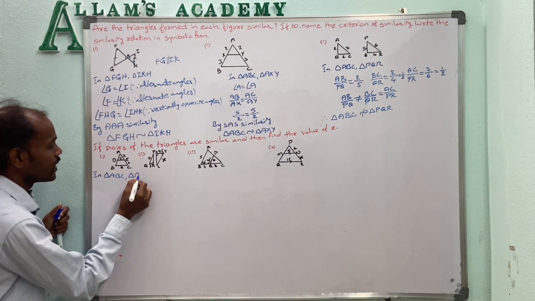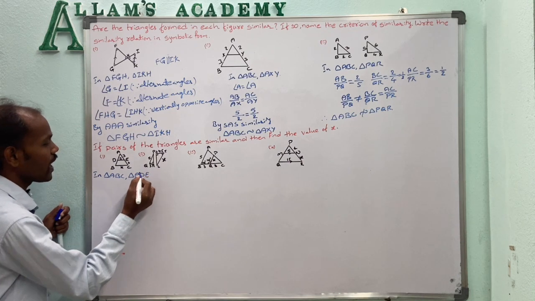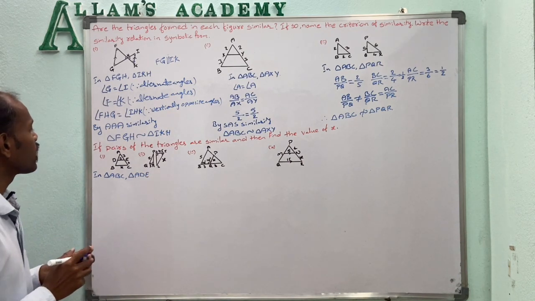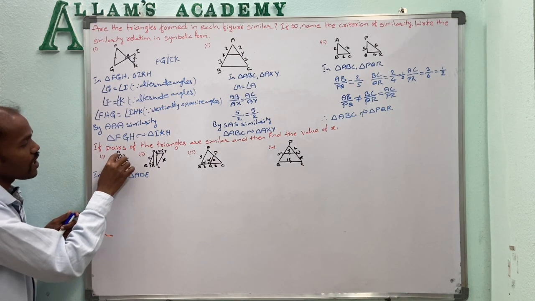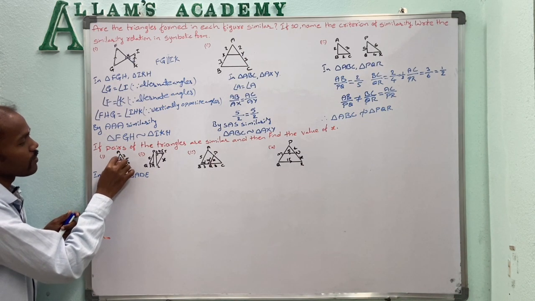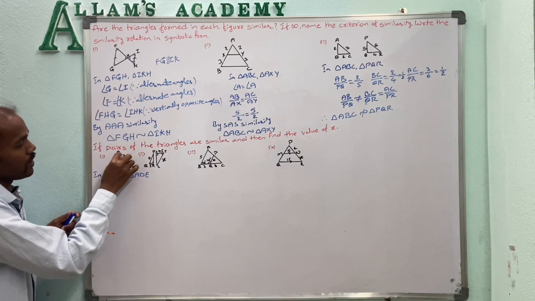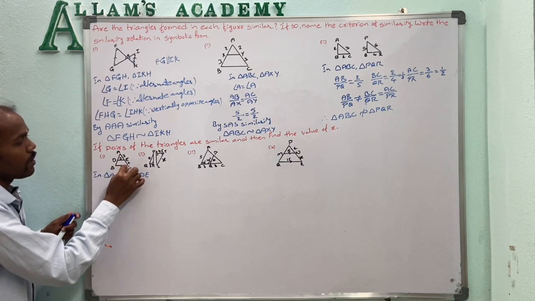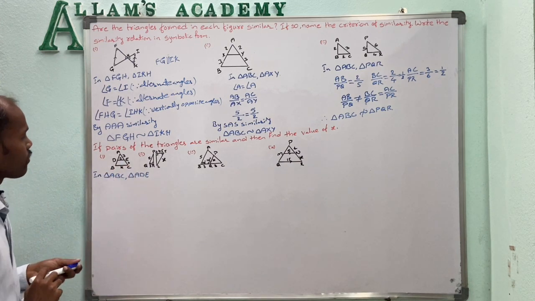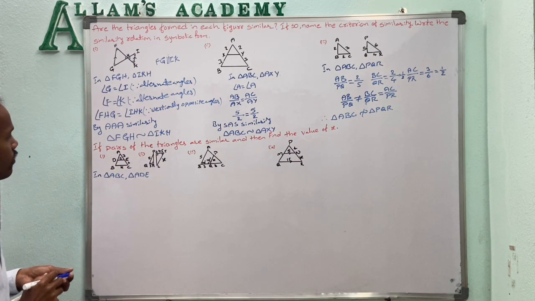and ADE are given. In these two triangles, the sides' ratios AB, AD, AE, AC, DE, BC are equal.